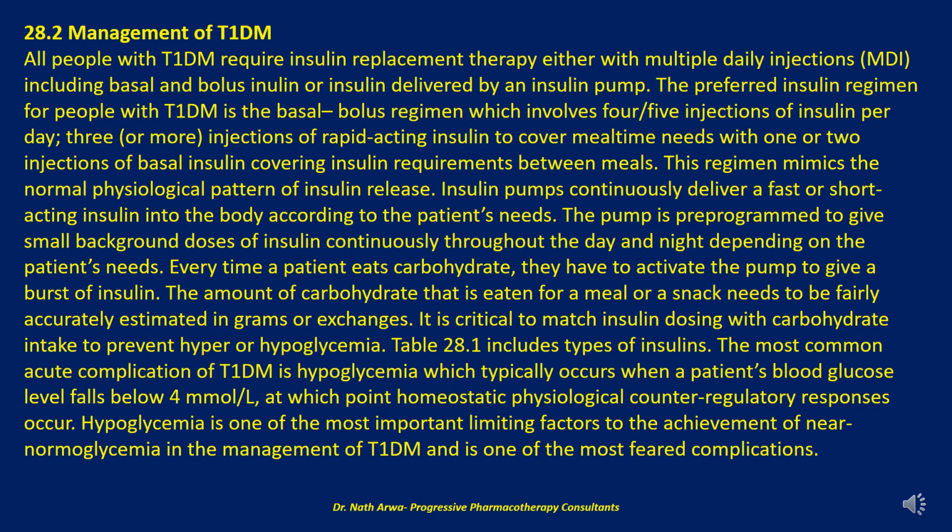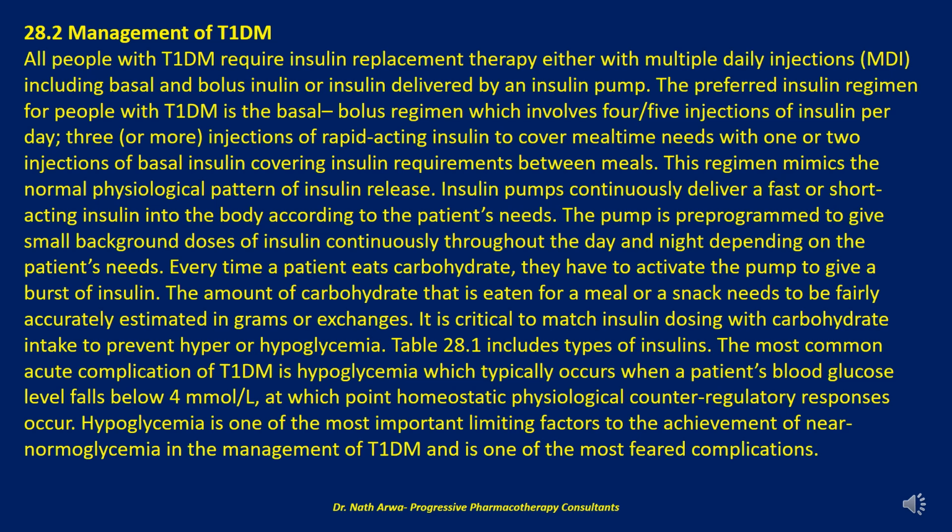The amount of carbohydrate that is eaten for a meal or a snack needs to be fairly accurately estimated in grams or exchanges. It is critical to match insulin dosing with carbohydrate intake to prevent hyper or hypoglycemia. Table 28.1 includes types of insulins.